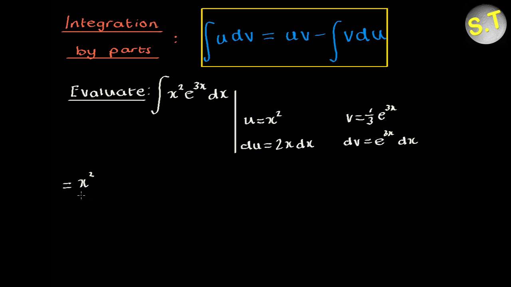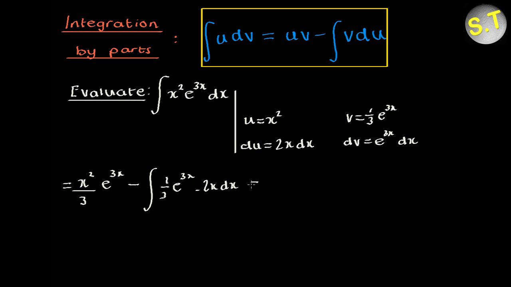So we have x squared over 3 e to the 3x minus the integral of v du. That's the integral of v, so the third e to the 3x, times du, which is 2x dx.